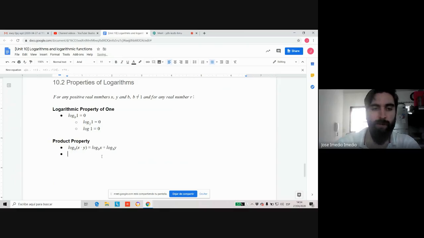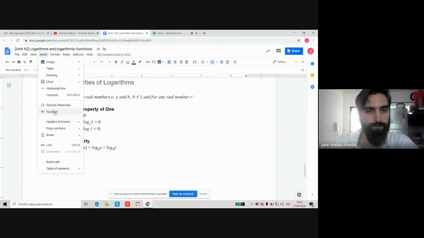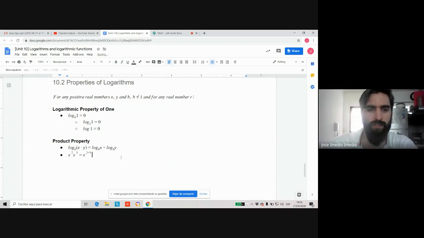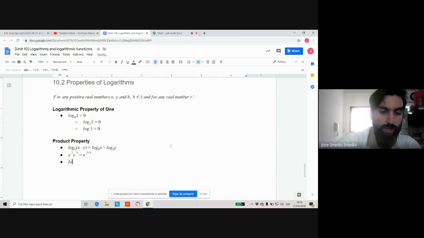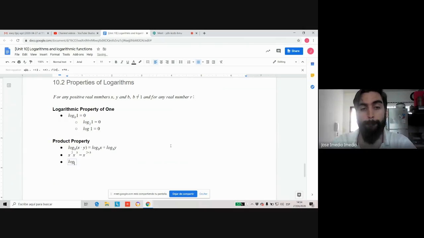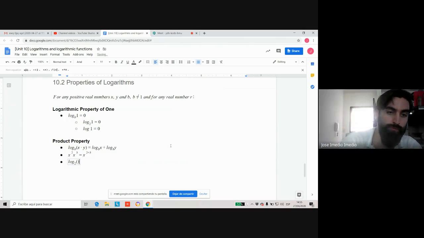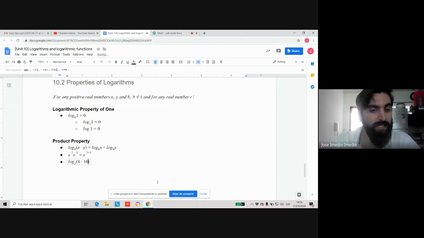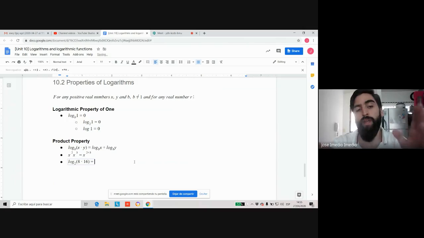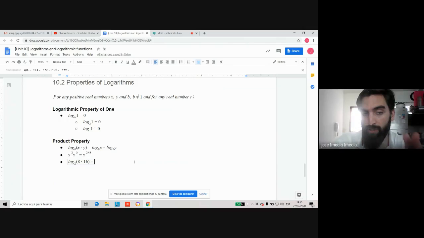But let's solve a couple of examples here. Well, actually, I think I can leave that here. Let's solve a couple of examples. So the logarithm base 2 of 8 times 16, for example. I'm solving it in two ways so you realize it's actually the same result that you're going to obtain.